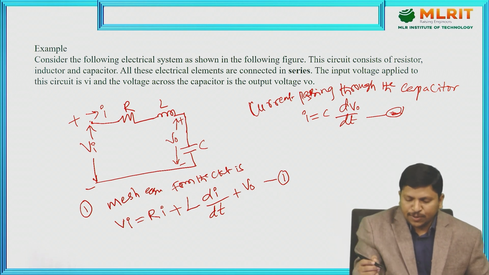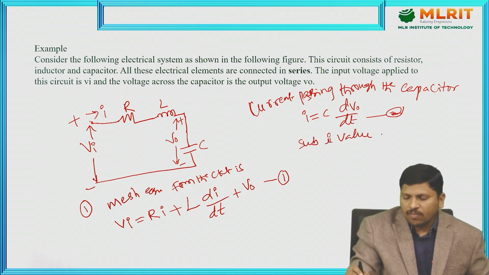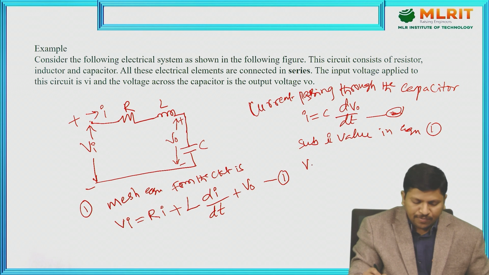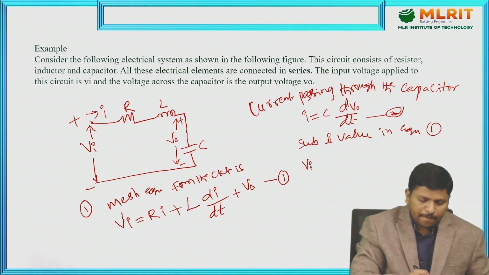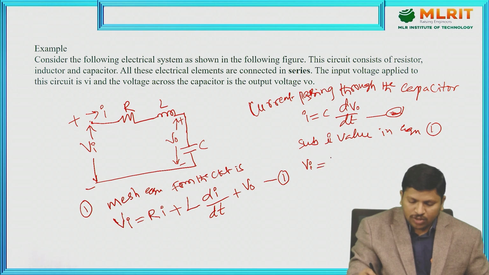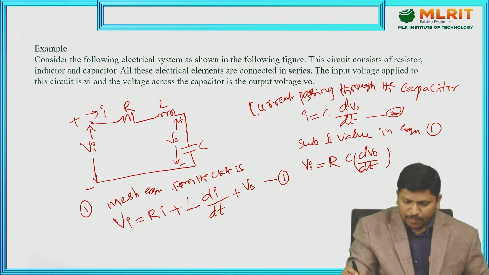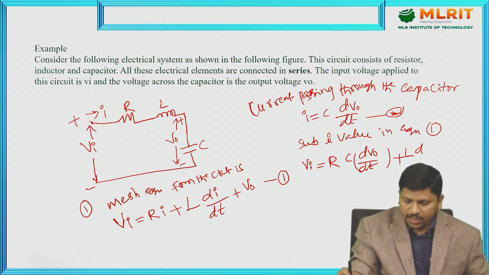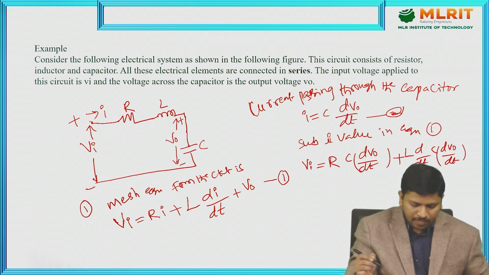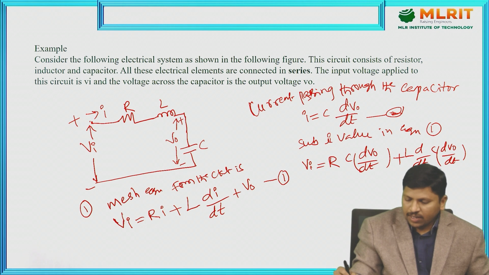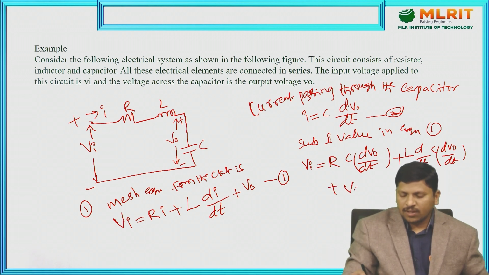Just observe, substituting the i value in equation 1, the input voltage Vi equals R into i, in place of i C dV0 by dt, plus L into d by dt of i, which is C into dV0 by dt, plus finally V output.